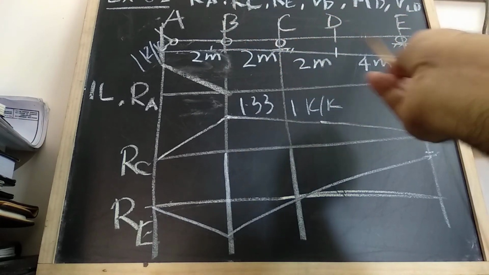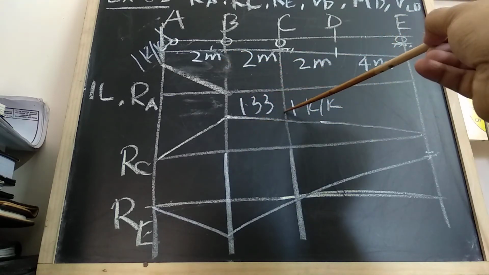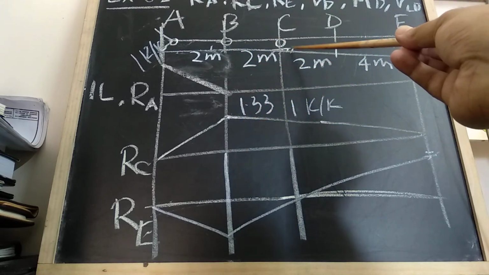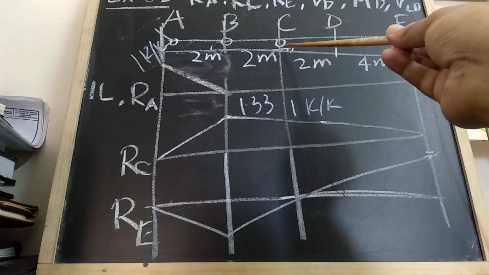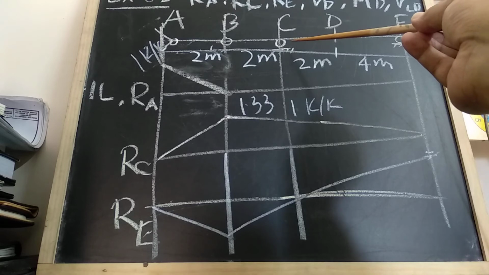So this is like a cantilever beam. One kip is here, so this is 1.33 here. When the one kip load comes to C, the reaction will be just one kip.